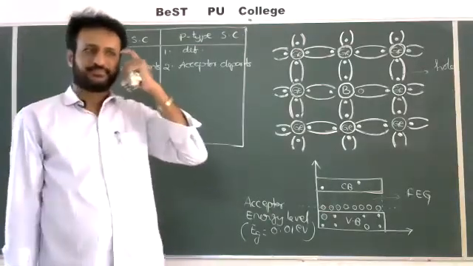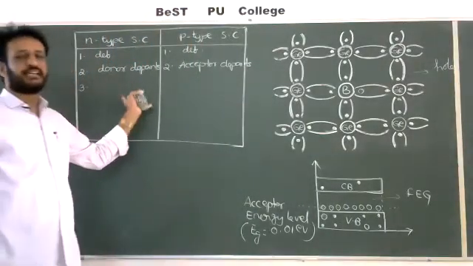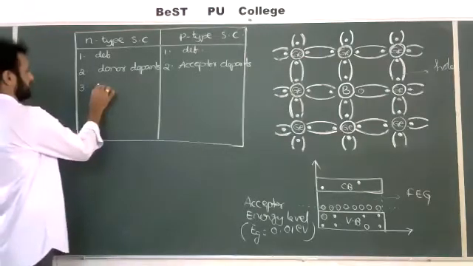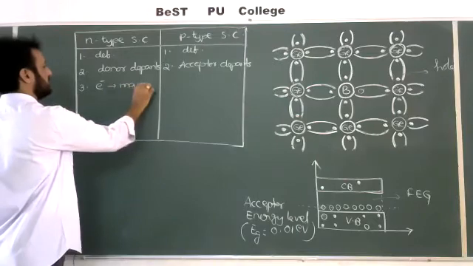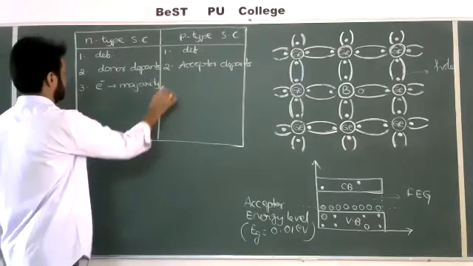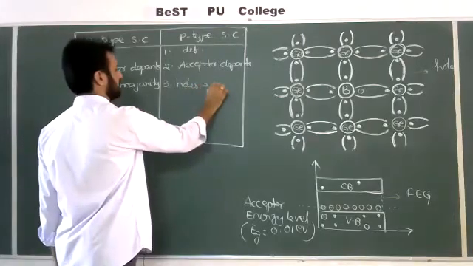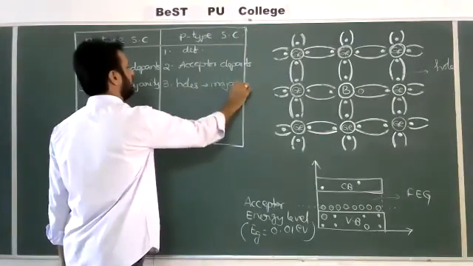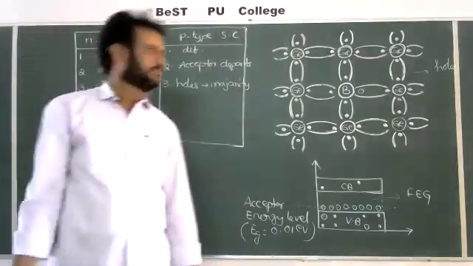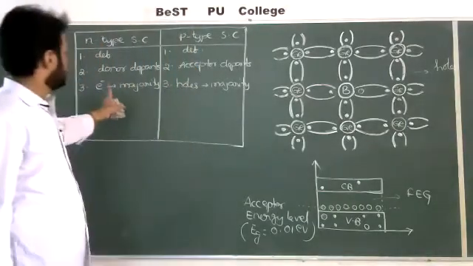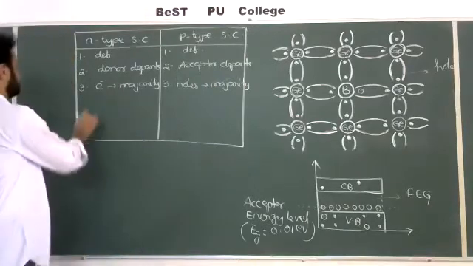Here electrons are majority charge carriers, and on the right side holes are majority charge carriers.